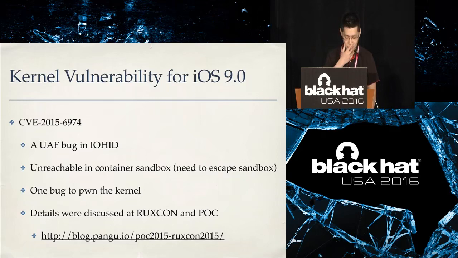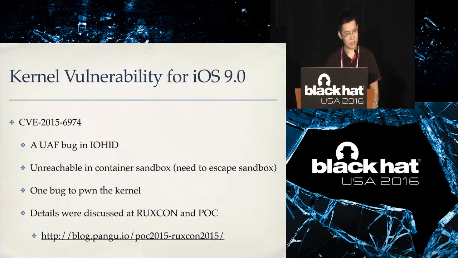But this bug is actually unreachable in the container sandbox. That's why Tielei talked about the userland part of our jailbreak, to finally achieve code execution in a less restrictive sandbox, so we could trigger the kernel exploit in that sandbox.